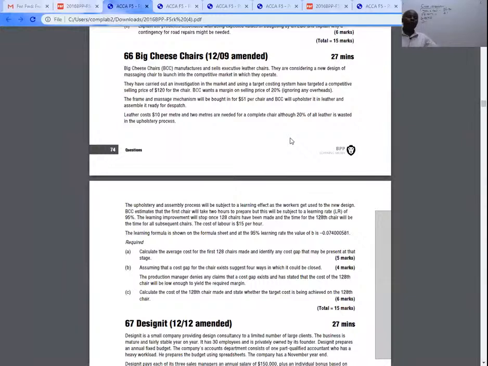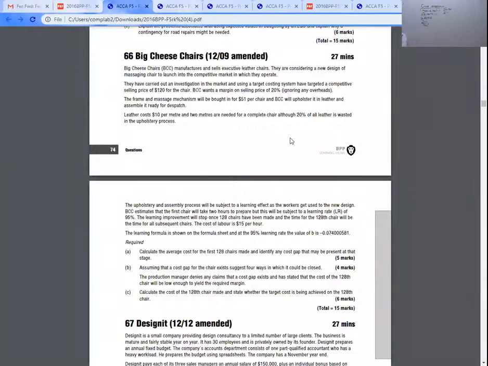So I have to gross up. How do I gross up? By dividing by the net percentage. Net of what here? Waste. So 100% minus 20%. So 2 meters divided by 80%. Never multiply by 120%, that can't be right.